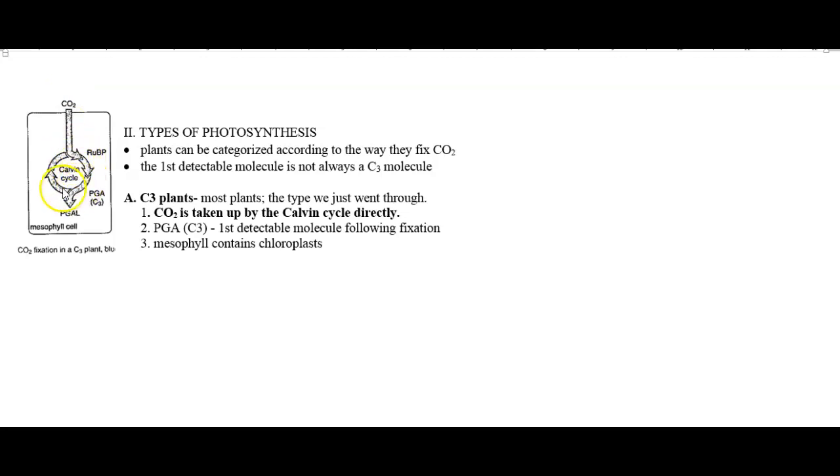Directly right here. This is all right here in the Calvin cycle, in the stroma right there. So carbon dioxide is taken up by the Calvin cycle directly. PGA with 3 carbons is the first molecule that sticks around. Mesophyll contains the chloroplasts, so that's where it's going to take place, in the mesophyll.